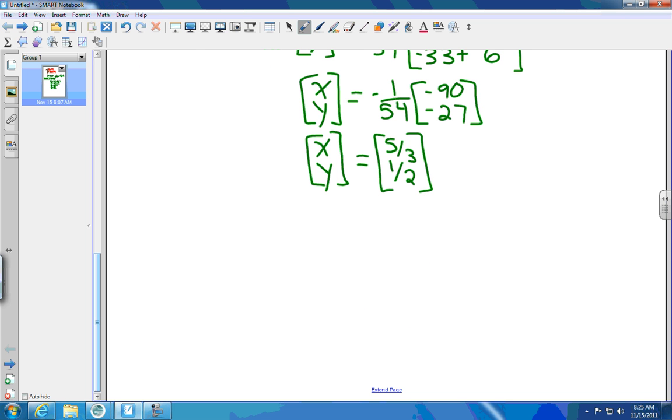So that is your ordered pair, again, that we're always looking for: 5/3 for the x, 1/2. It's just another way to find where those two lines intersect.